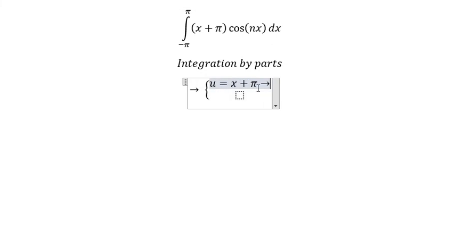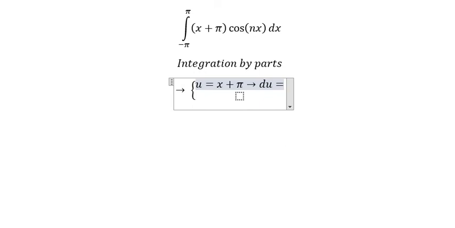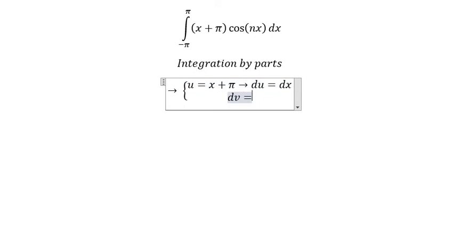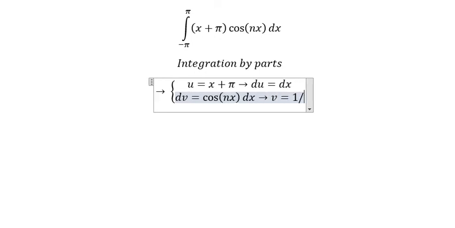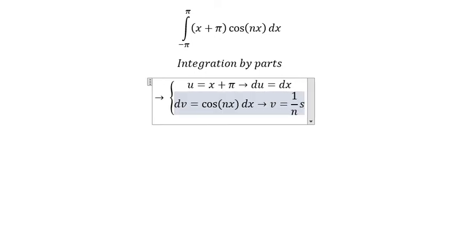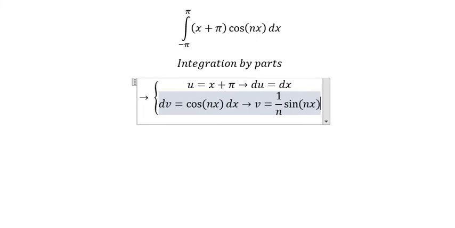If we first take the derivative of both sides, we have du equals ds. The dv is cosine ns ds. The integration of this one, we have v equal to 1 over n sine ns.